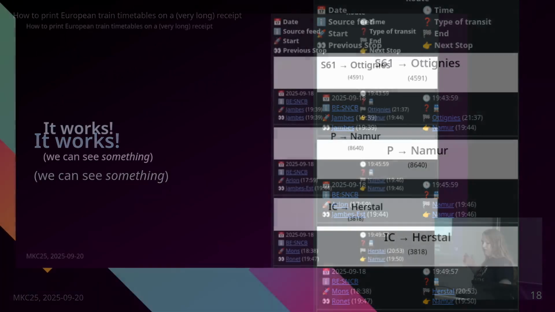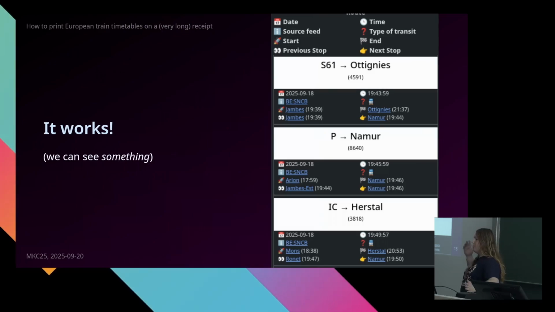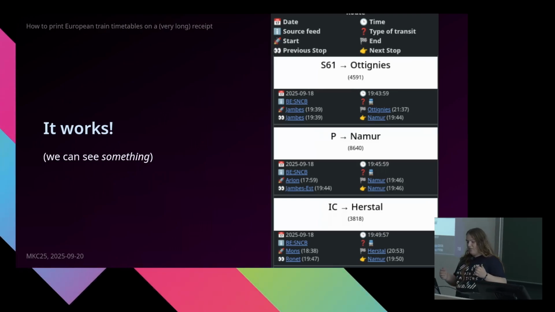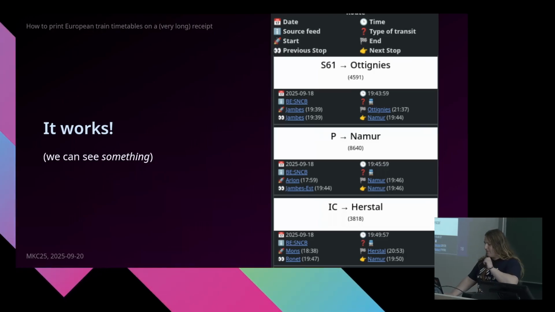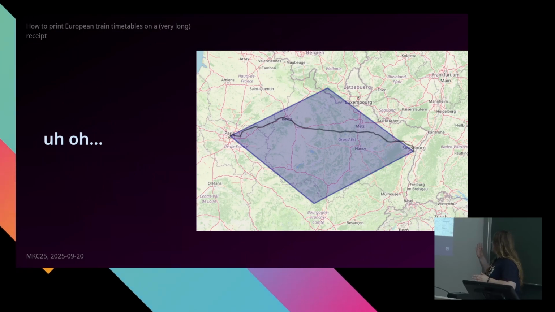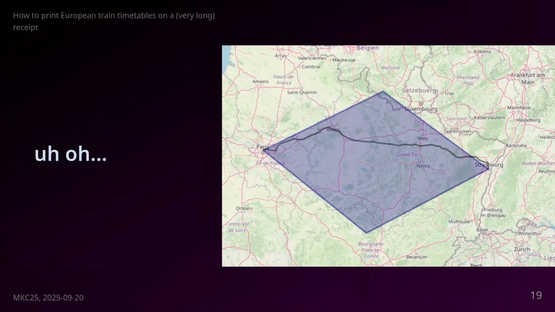We can still use it in the wild where there's really nothing around us and we're not at a station, which does work. However, the bounding box isn't perfect. That method has limitations. So here's an example of a trip that has two consecutive stops that are really far away.